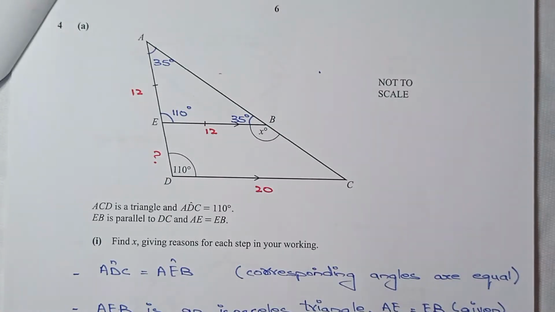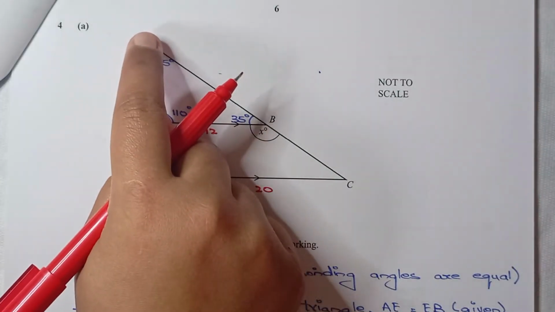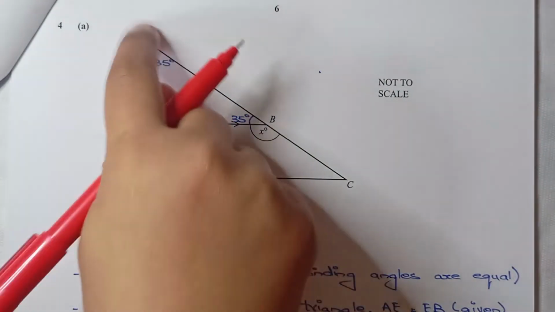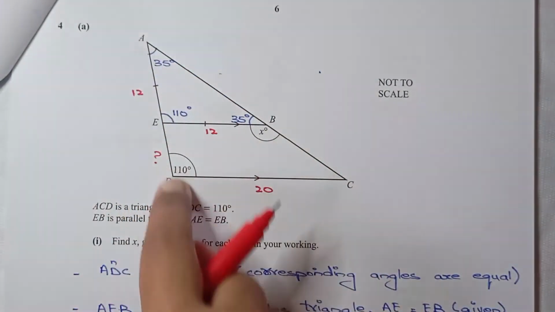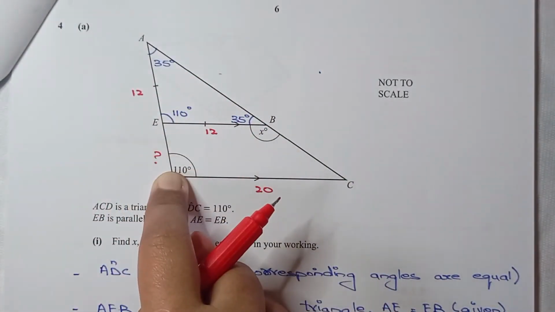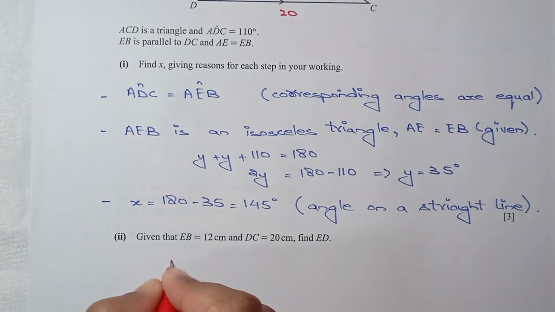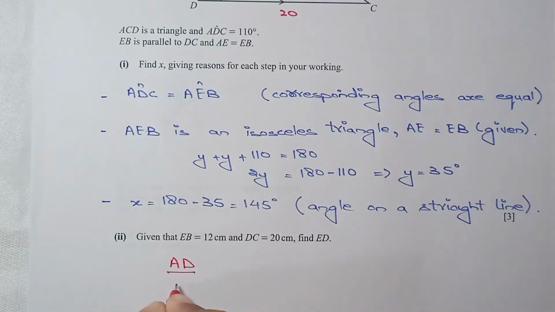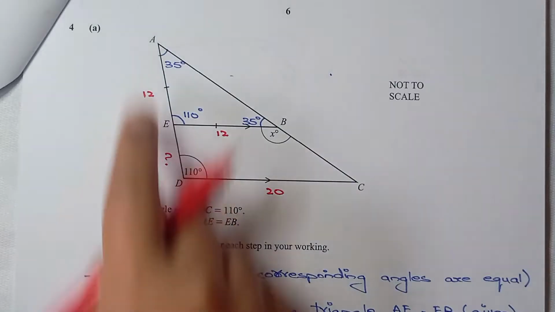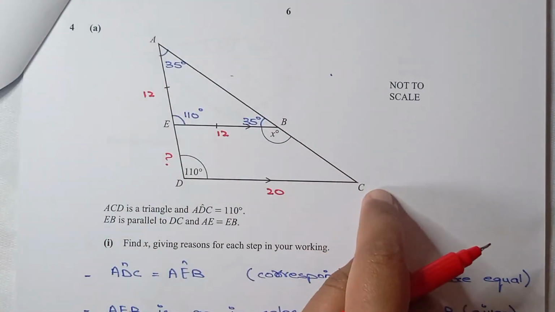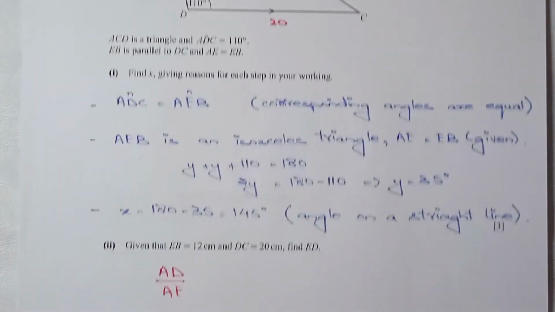So first we can say that if we consider the bigger triangle ADC, AD, this side, and the smaller side is AE, right? So we can make a ratio that AD over AE, and then for the bigger triangle, this side DC and EB are equal.